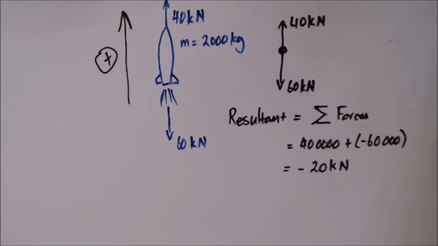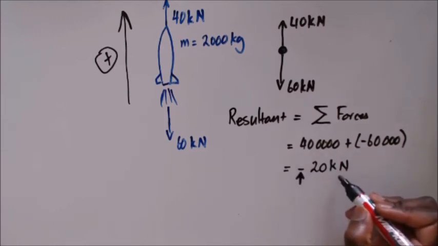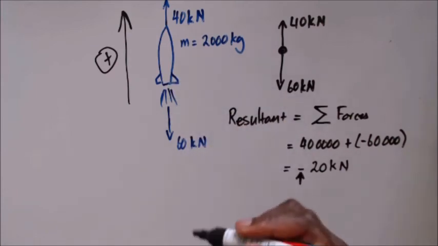Okay, that's fairly straightforward. The value of it is that this negative sign tells us that the 20 kilonewton resultant force is in the negative direction, which is downwards.